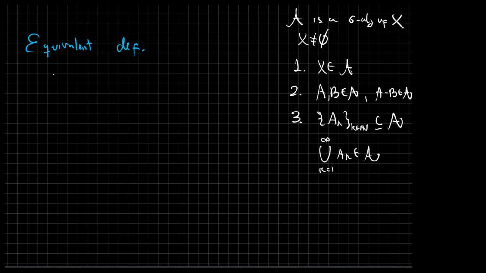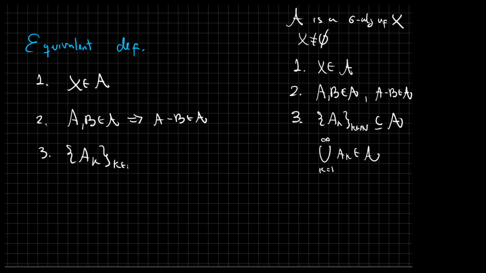But by the property that we proved before, we can make an equivalent definition. The first two properties are still the same, the whole space and the difference, but the third property is that for any countable family in the set, its countable intersection will also be an element of the set.